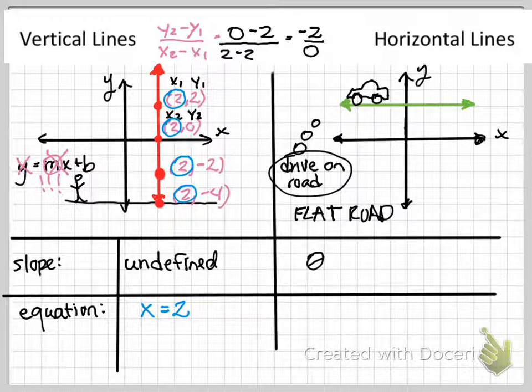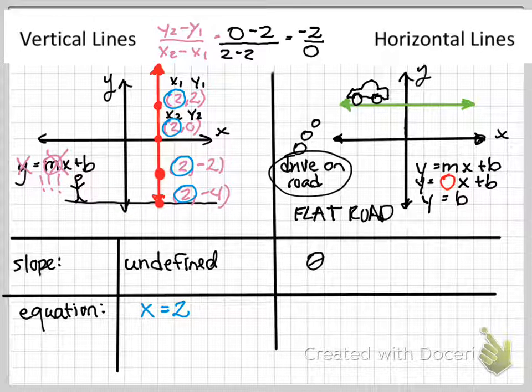So when we think about putting something in y = mx + b form, that's really easy because we can just put 0 here for our slope. So we have y = 0x + b, which means that y is just equal to whatever our y-intercept is. Can you find the y-intercept on this graph? I found it right here. So this point is our y-intercept, and it looks to me like this y-intercept here is (0, 2).